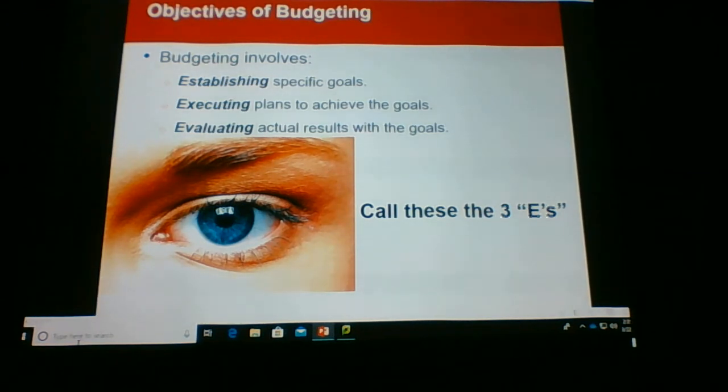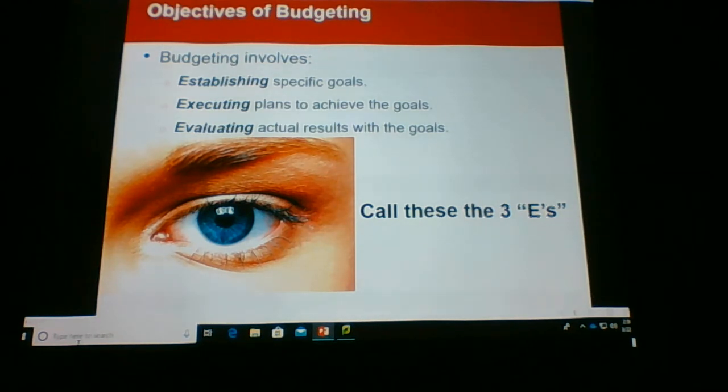This class is designed for marketing and management majors, and I think that you can appreciate the core fundamental steps of budgeting. We have the 3 E's on the screen: establishing goals, executing plans, and then evaluating actual results with those goals.